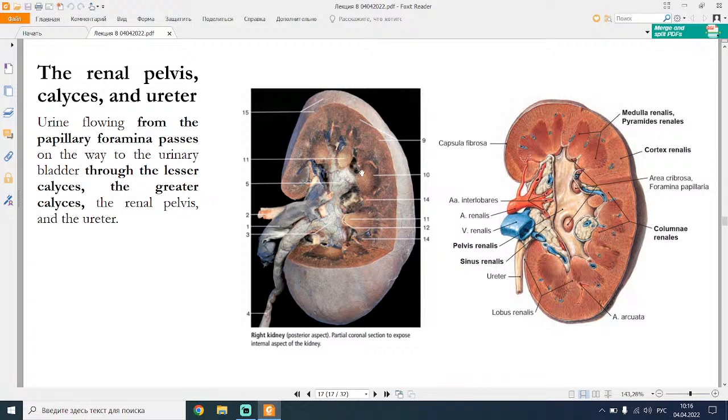What you see, lesser calyces, this is greater calyces. The renal pelvis, and ureter. Lesser, greater, pelvis, ureter.